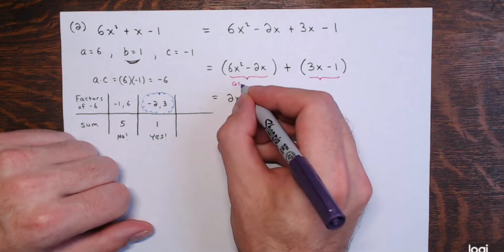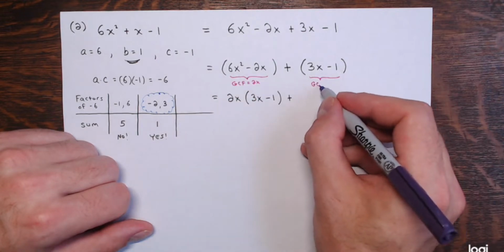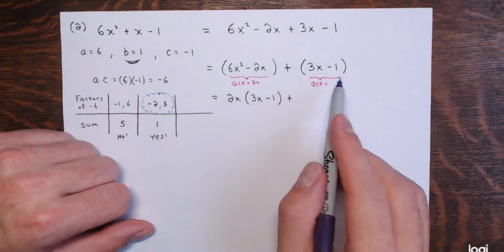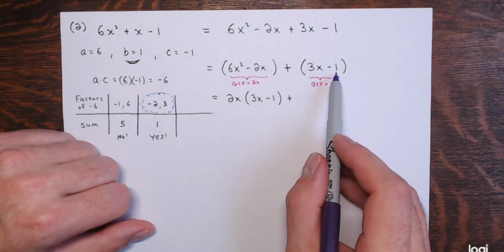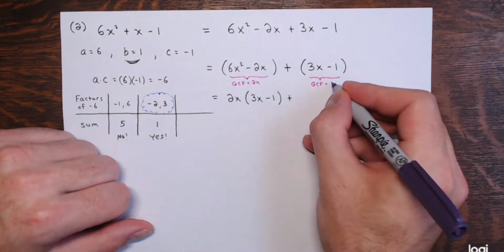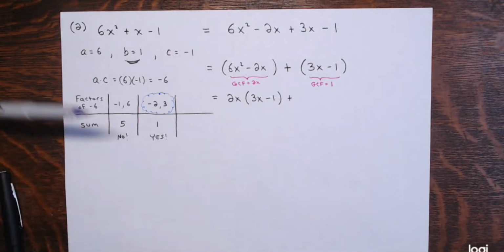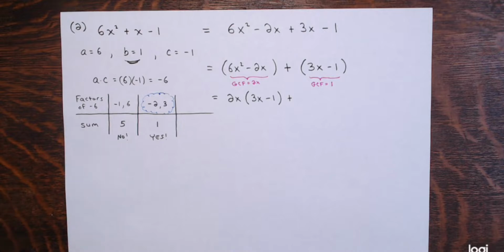The greatest common factor of this first group was 2x, right? So I pulled that out. I don't see anything in common here other than 1, right? If they don't look like they have anything in common, every term has a common factor of 1 at least, right? So the greatest common factor there would just be 1.